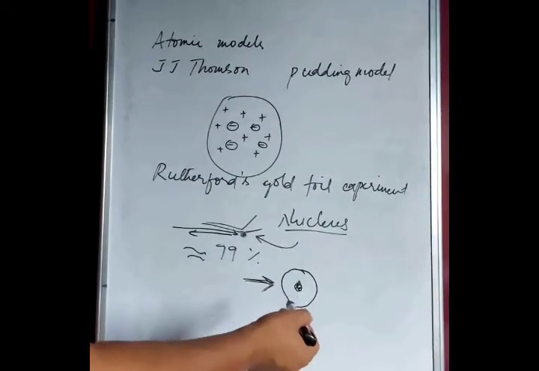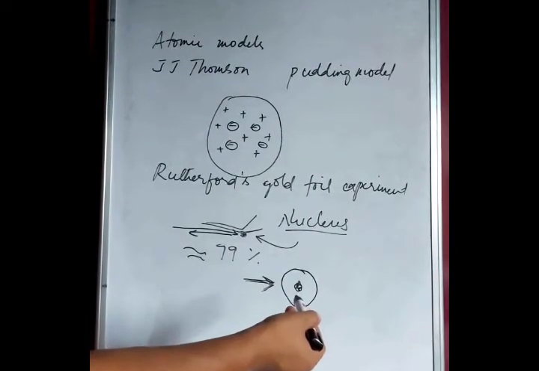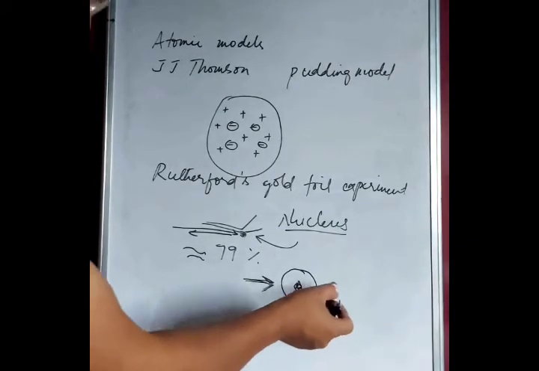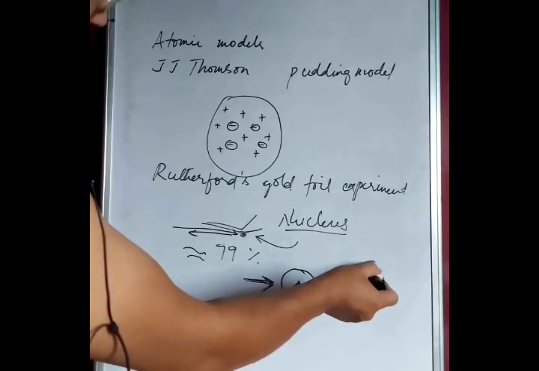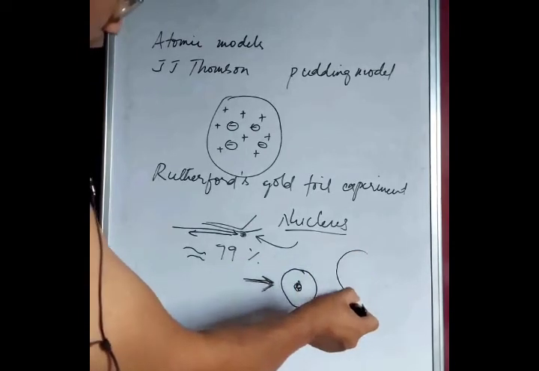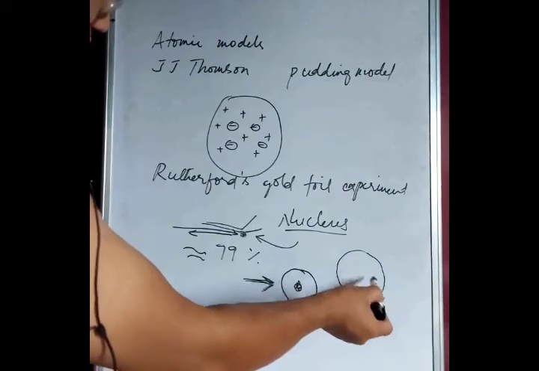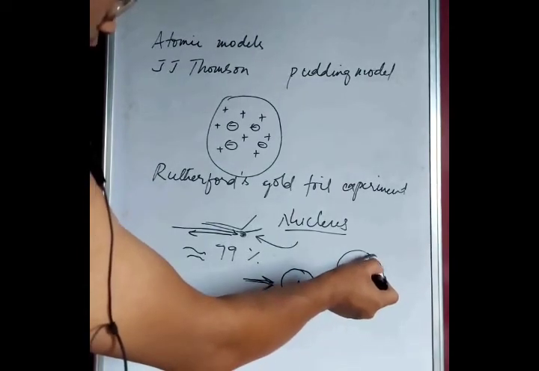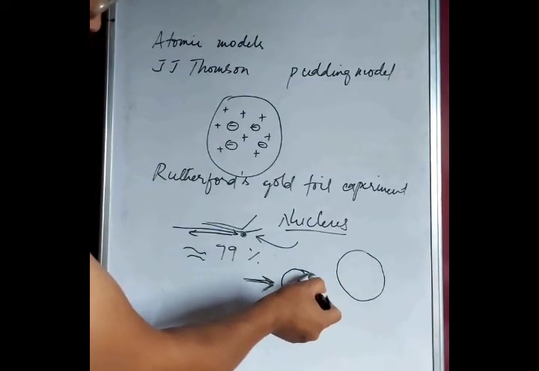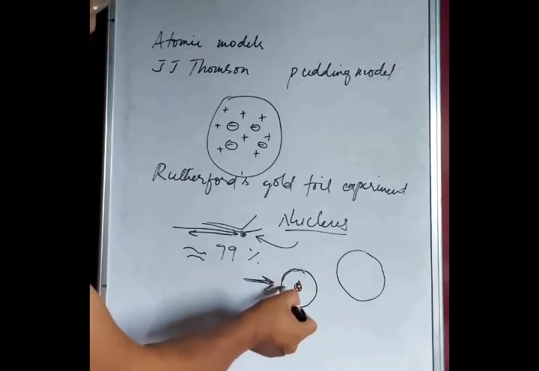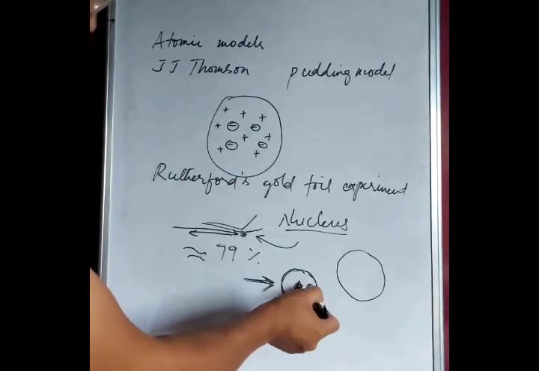According to Maxwell, any charged particle rotating around an oppositely charged particle, which attract each other, will be pulled in. In Rutherford's model, the negatively charged electrons were revolving around a positively charged nucleus.